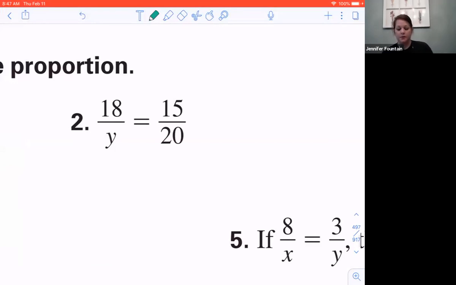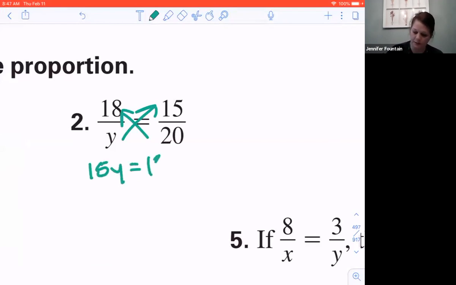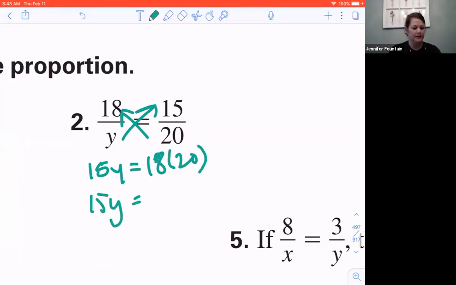Okay, so again, cross multiply. I always just draw my little arrows to help me remember. So I've got 15y is equal to 18 times 20. So 15 times y is going to be, what is that, 360?